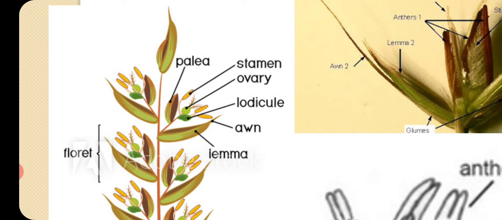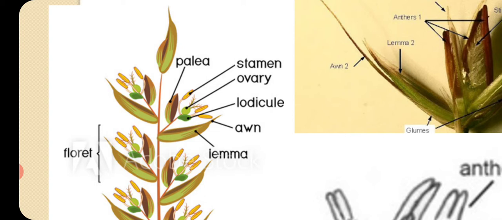It is a little smaller than the lemma, and it is called the palea. It is considered to be the bracteole. The lemma is the bract, and the smaller one is the bracteole. Thus, the flower is enclosed by the lemma from below and by the palea from above.